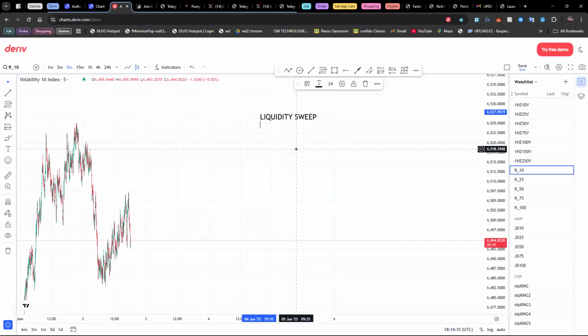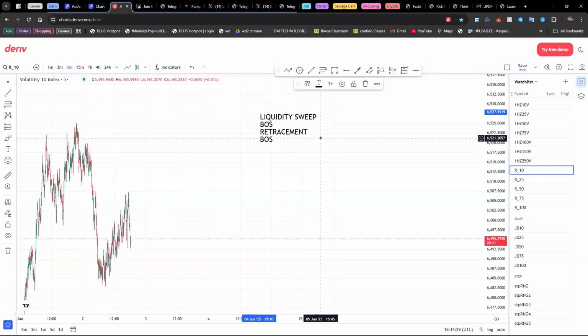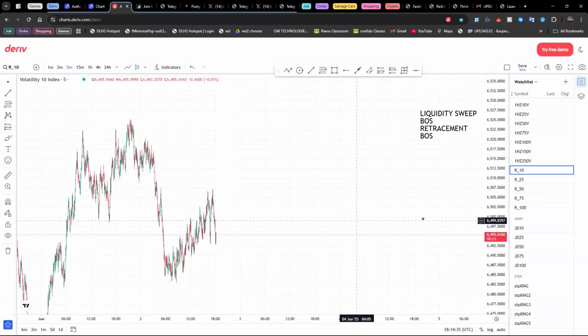Then rule number two, your first break of structure. Then rule number three, a little retracement. Then a second break of structure. And that's what gives us the POI, and that's where we buy from or sell from, maybe from a demand or a supply zone, depending on what we are taking.